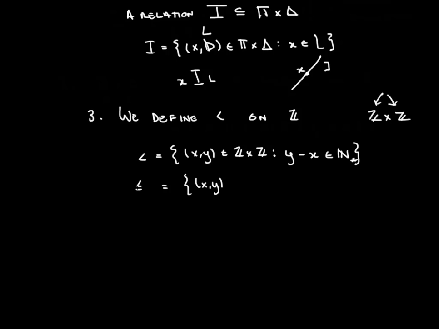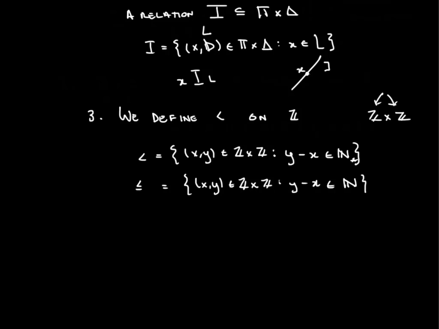When we were talking about the partial order, where it's smaller or equal than, what we're talking about is the product where the same subtraction is in the set of natural numbers.